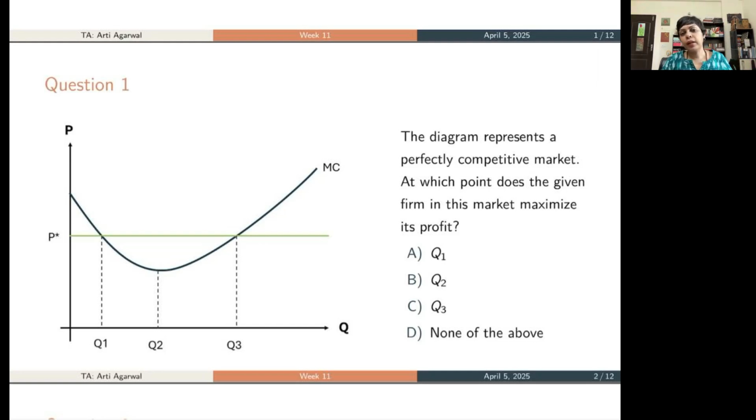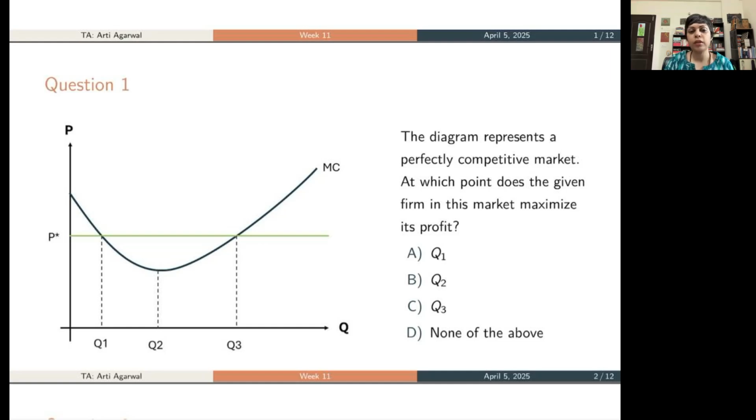So in a perfectly competitive market, you have a diagram of this sort, where the marginal cost curve is as shown in the diagram, and the market price is represented by P star, which is shown on the diagram with the green horizontal line. Okay, so the market price is a horizontal line because the market price is fixed.